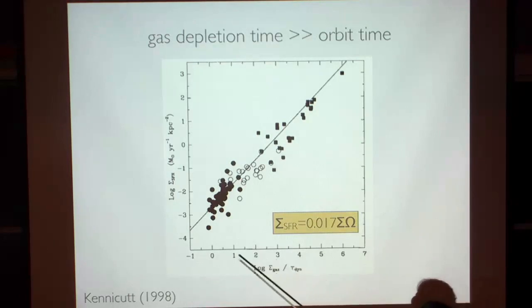The y-axis is again the star formation rate, measured using UV and IR radiation, maybe in this case H alpha. The x-axis is another simple estimate of the star formation rate using the orbital dynamical time scale. Then we again get about 2% efficiency per dynamical time for the entire galaxy.